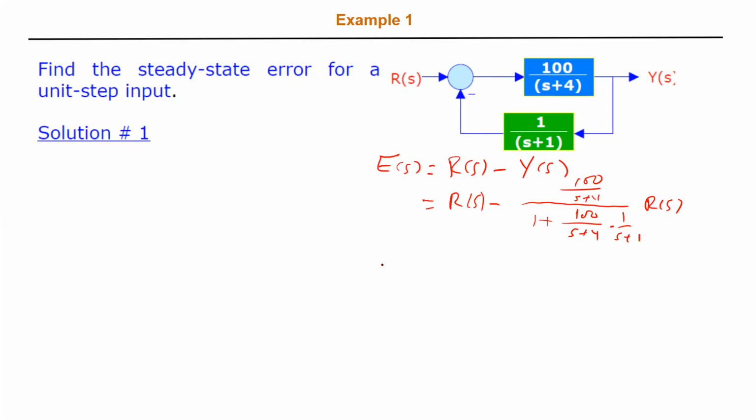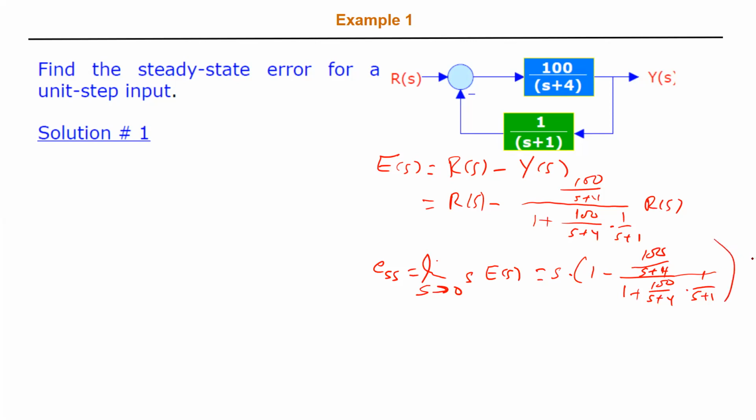So E steady state is the limit as S goes to 0 of S times E of S, which is equal to S times 1 over S minus 100 over S plus 4 over 1 plus 100 over S plus 4 times 1 over S plus 1, times R of S, which is 1 over S. Simplification could go the way you wanted, I will work in this way.